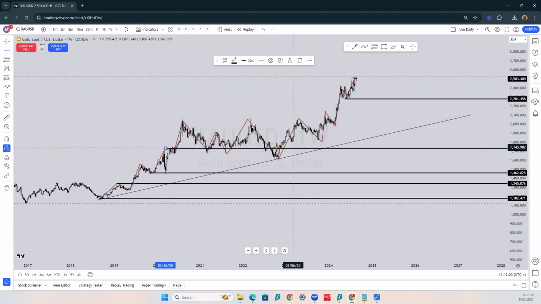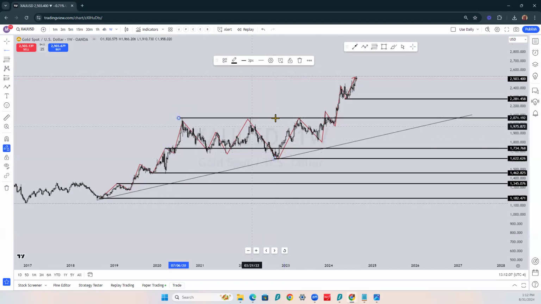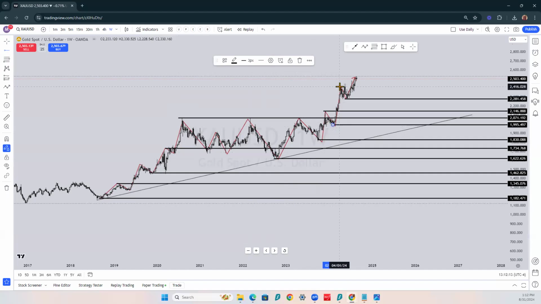It did come to this low and then made a triple top, another low, high, low, high, low. Those are some really significant areas that I'm going to be taking a close look at when I go to a lower time frame.